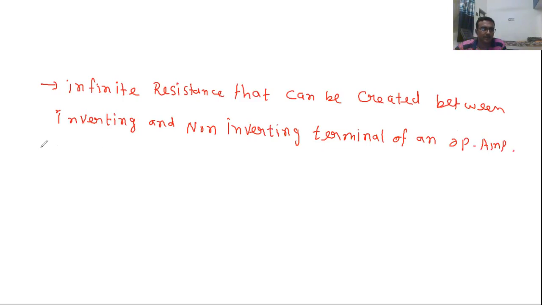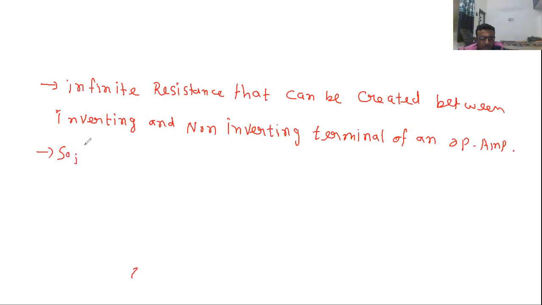Why? Because inside the op-amp, one stage is present, a dual input, balanced output differential amplifier. And a differential amplifier always contains high value resistance. So infinite resistance can be created between inverting and non-inverting terminal of op-amp.